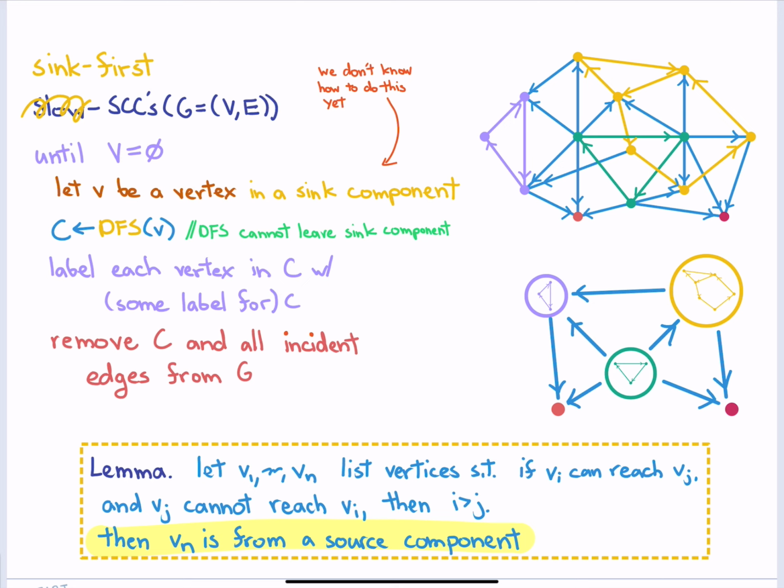You just need one simple trick that we used before. If I can only get vertices from the source component, but I want to get vertices from sink components, we're not going to change any algorithm. We're going to change the graph. We're going to look at the reverse graph. We'll reverse all the edges, run post DFS on that, and then the last vertex will be coming from source components in the reverse graph, and those are sink components in the original graph.